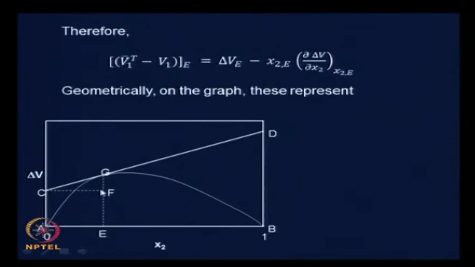What is tan? Opposite side by adjacent side, GF by CF, and therefore EG minus AE times GF by CF. That is what this is. This is the geometrical interpretation of this particular quantity, which can of course be written as EG minus GF.